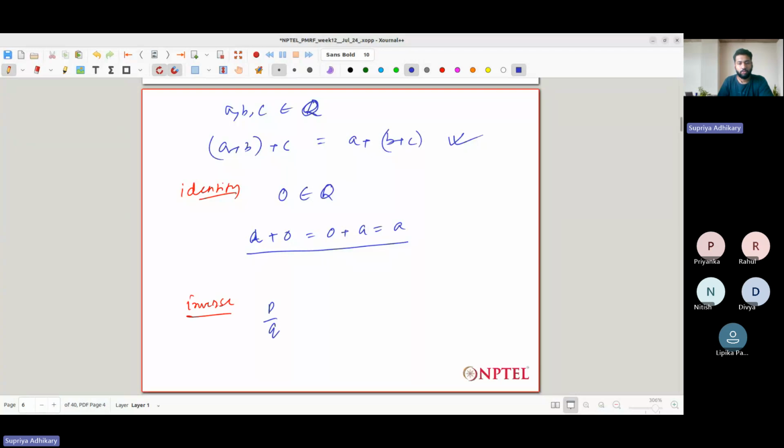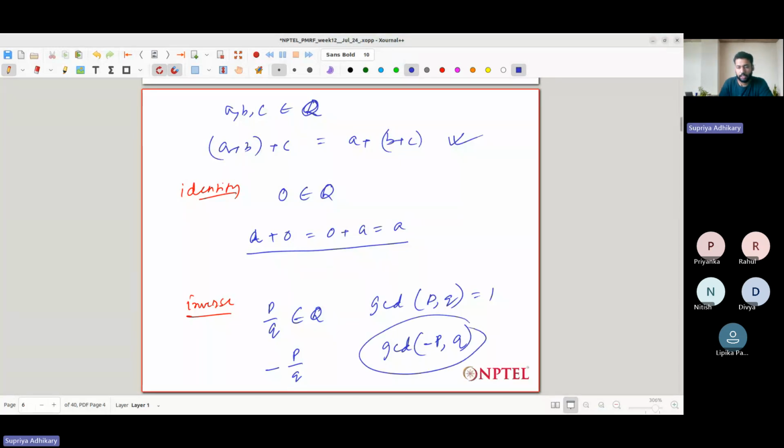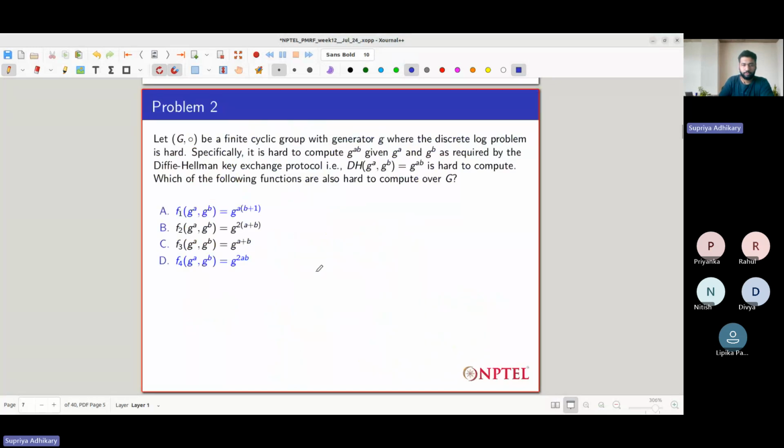So if we consider P over Q in the set of all rational numbers, such that the GCD of P and Q is 1, then the inverse, with respect to this addition operation, should be minus P over Q. Now, this minus P over Q is nothing but the ratio between minus P and Q. So now the question is, what is the GCD of minus P and Q? If the GCD of P and Q is given as 1, then can we say that the GCD of minus P and Q is also 1?